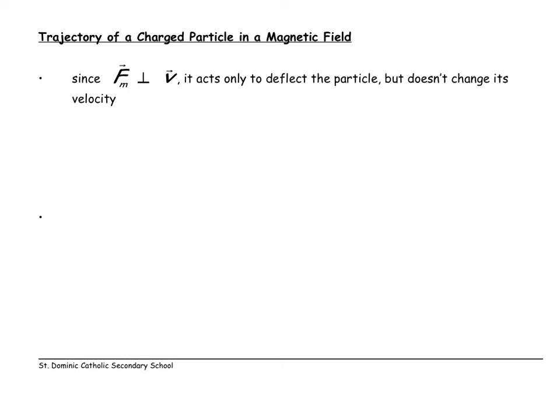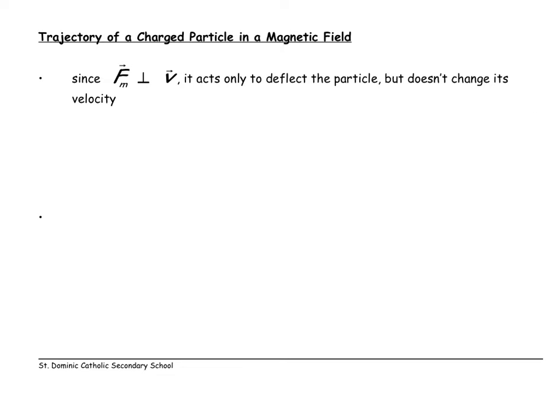But the problem with magnetic fields is that the maximum magnetic force occurs when it's perpendicular to the direction of motion, right? So that magnetic force is not going to work to accelerate the charge. It's going to act only to deflect that particle, to change its direction.